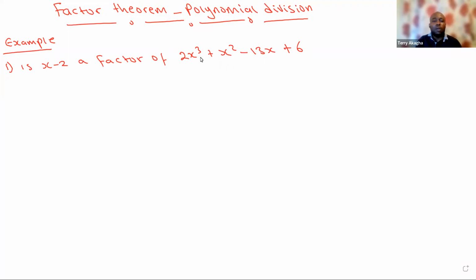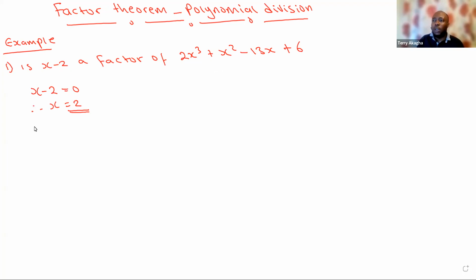Remember, when you're talking about a factor, it means that when you divide this by this, there should be no remainder. So the factor theorem states that when you equate x minus 2 equals 0, x is equal to 2. So if we substitute x equals 2 in this original equation, it should give you 0.